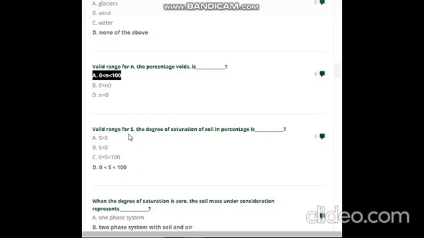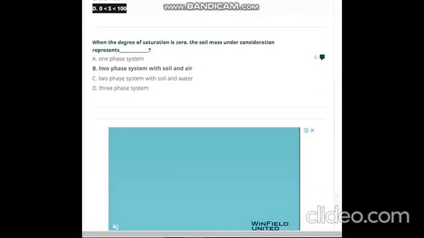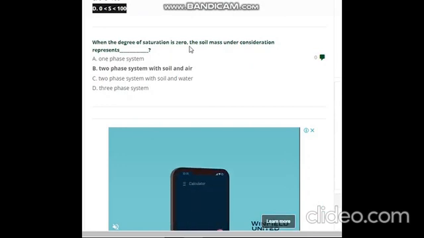Valid range for S, the degree of saturation of soil in percentage, is 100 greater than S greater than 0, and N is the percentage of voids. When the degree of saturation is 0, the soil mass under consideration represents a two-phase system with soil and air.